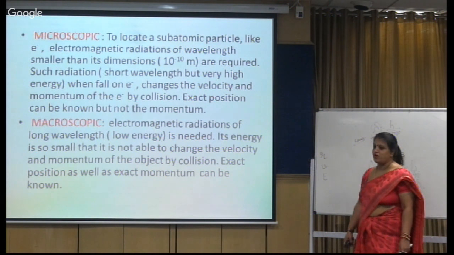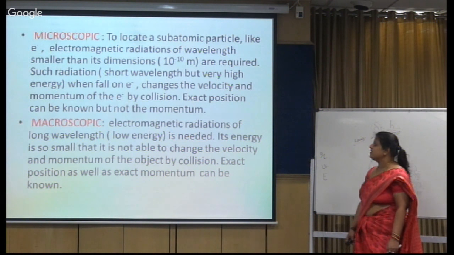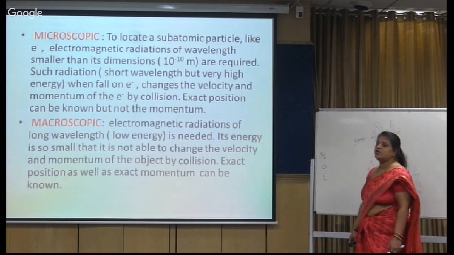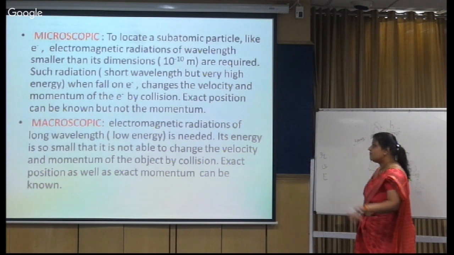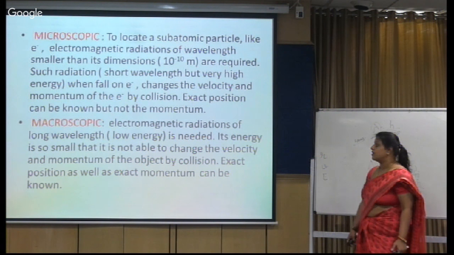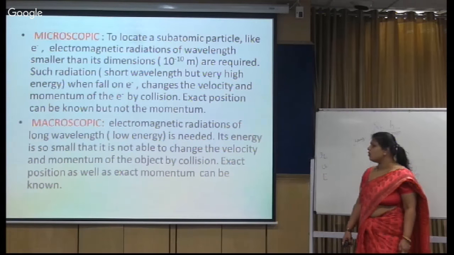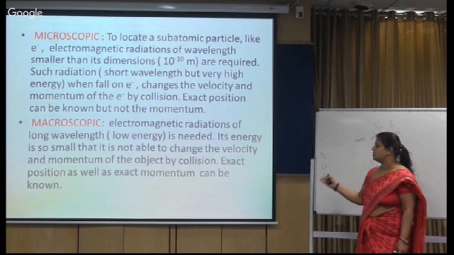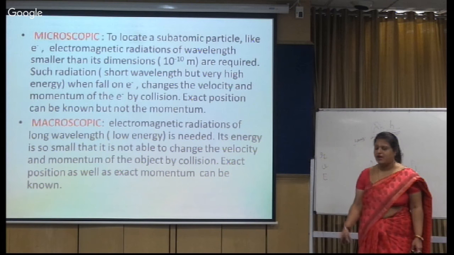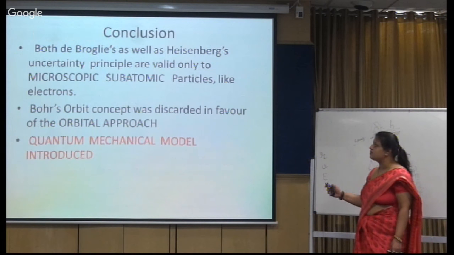So the exact position can be known, but not the momentum. Whereas for macroscopic objects, the radiations required are of longer wavelength. Their energy is so small that they are not able to change the velocity and momentum of the object by collision, and hence the exact position and exact momentum can be known easily and precisely.